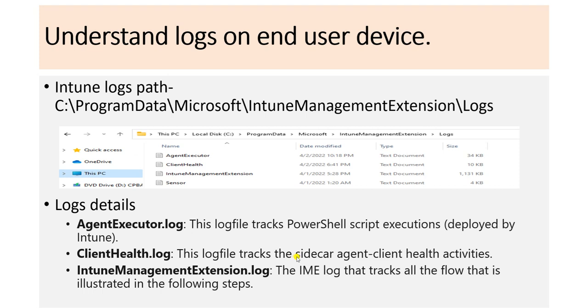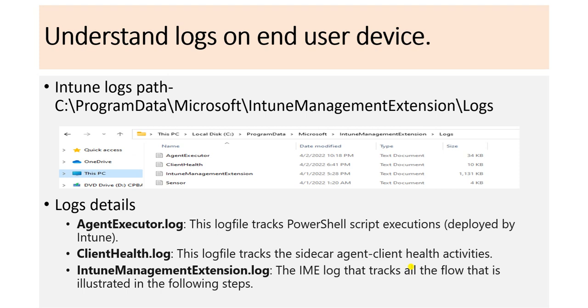This log file tracks the sidecar agent client health activities, so it will give you the client health activity details. Then the third log is very important and is the one used most: IntuneManagementExtension.log. The IME log tracks the whole flow.